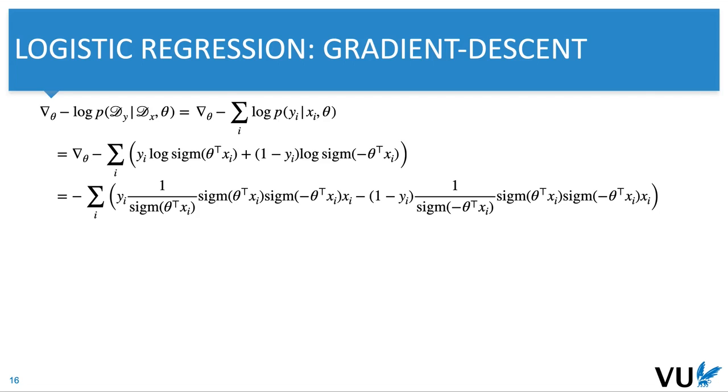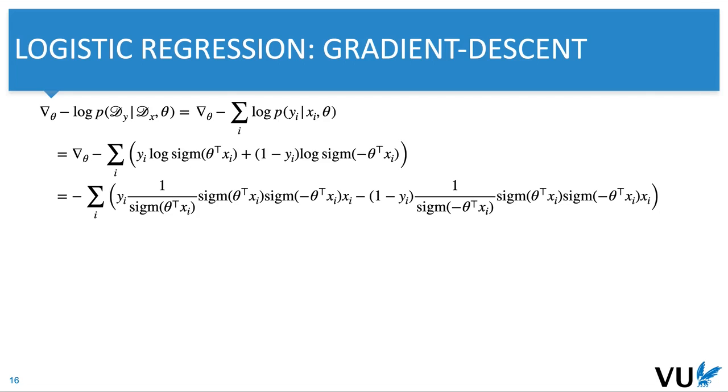And then we go further inside the sigmoid function, and this is a linear term, theta times x, and the gradient with respect to theta results in x. And then, of course, we apply the same to the other side. And because we have sigmoid of negative argument, we have this minus sign here.